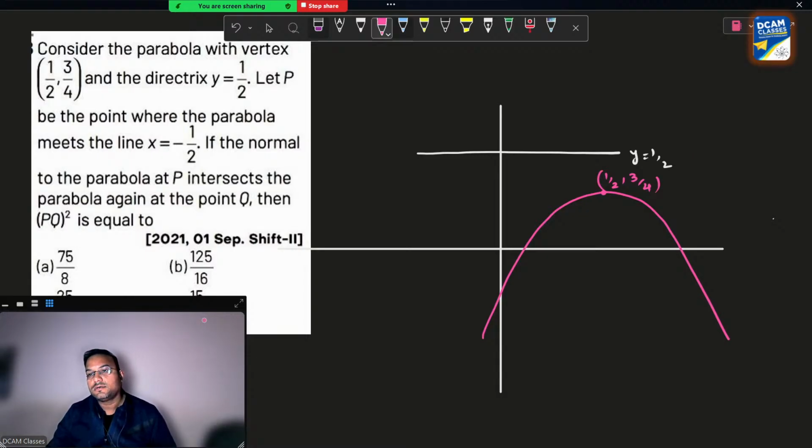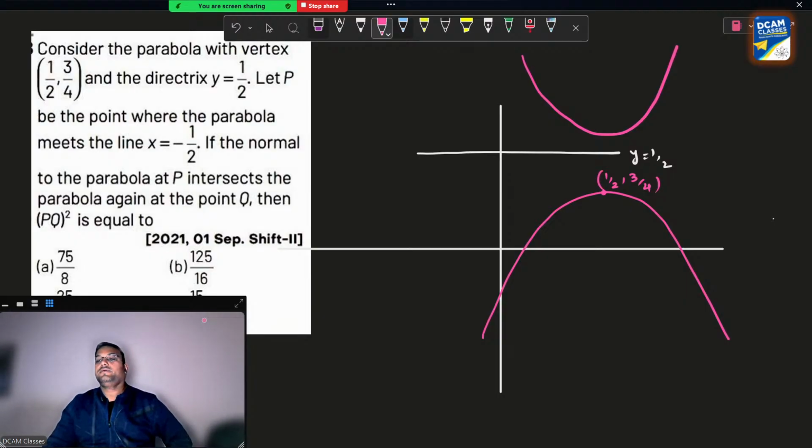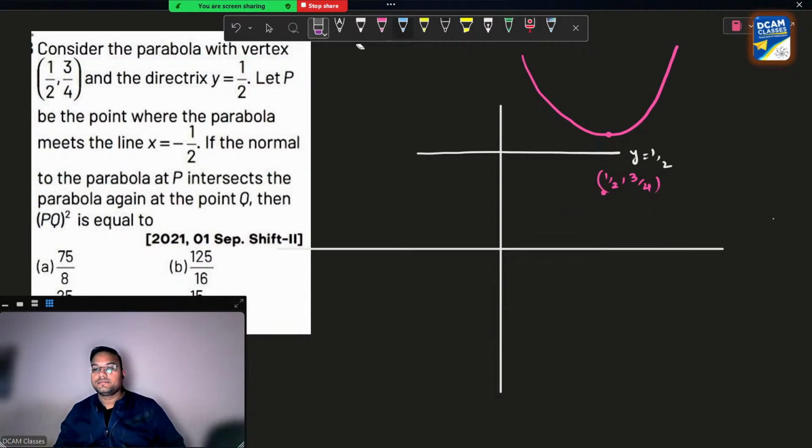We do not know. Because the y coordinate is 3 by 4, it's more than 2 by 4, which means it's more than this. So it is upwards. The first one is wrong. It's moving upwards.